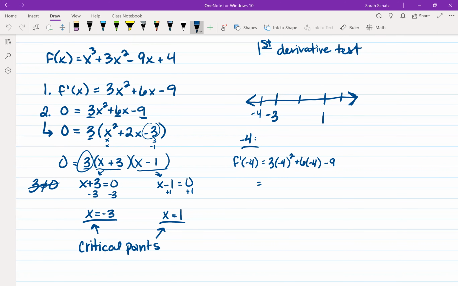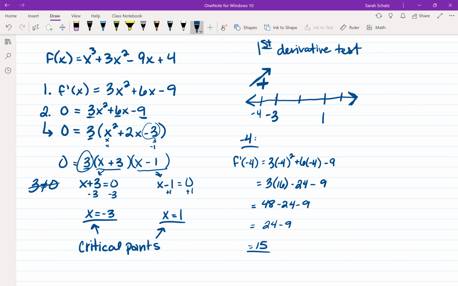Okay, so this is 3 times +16, minus 24 minus 9. 3 times 16 is 48. Then I have minus 24 minus 9. 48 minus 24 is 24. Minus 9, we get 15. And it is positive. So for this section, to the left of negative 3, all of those values are going to be positive, which means my graph is looking up at that point.